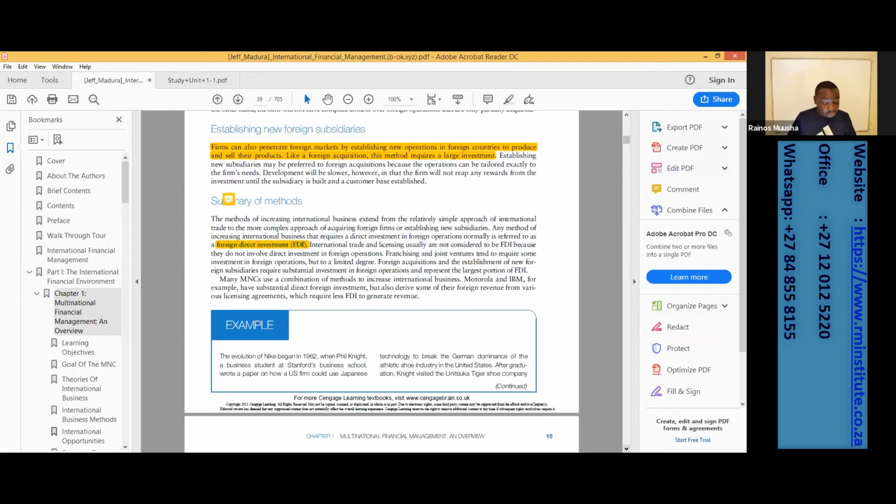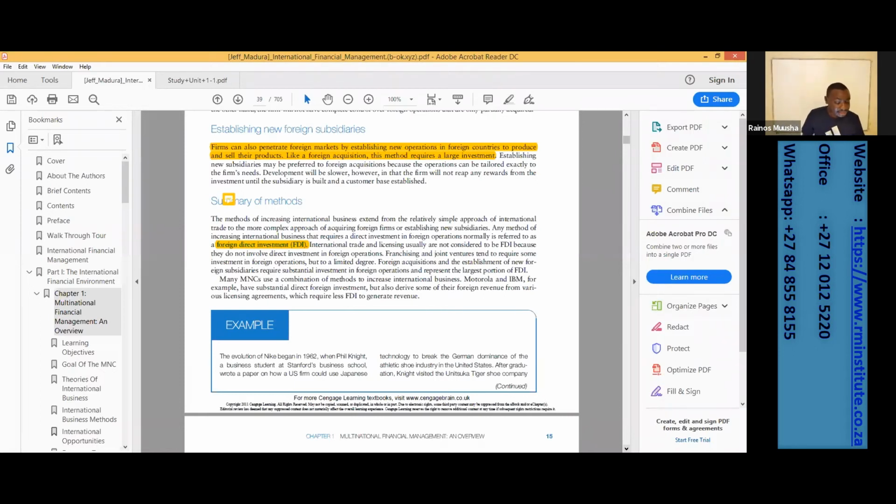And this also comes with its own advantages and disadvantages. And the advantage would be when it comes to establishing their own new foreign subsidiaries, they're able to actually create their own identity and also maintain their own identity as well.